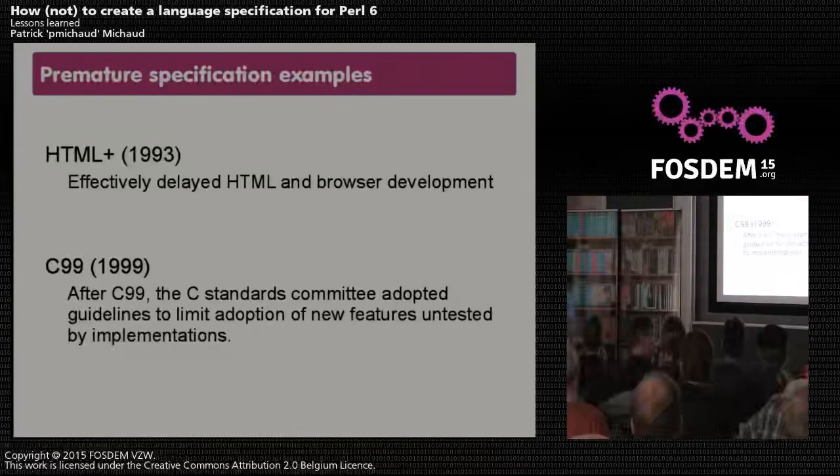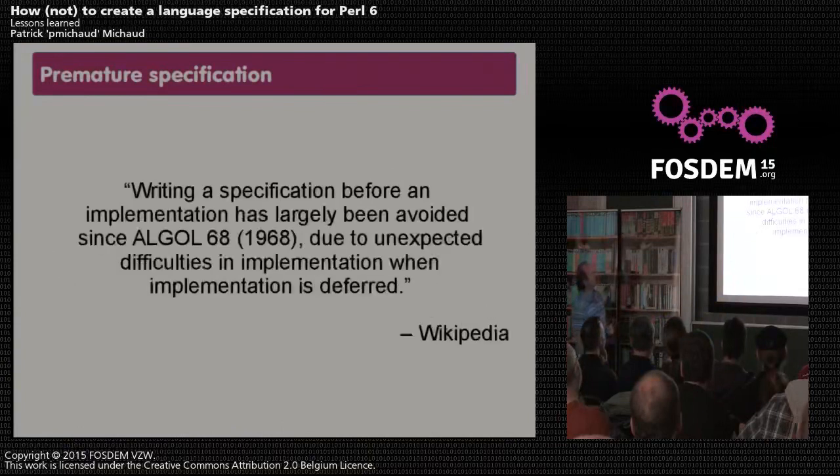Nobody was bothering to implement them, and it was actually making it very hard to implement. So they reversed their standards to say that they would not adopt new features into the specification until they had been tested by implementation. That was kind of neat to discover.